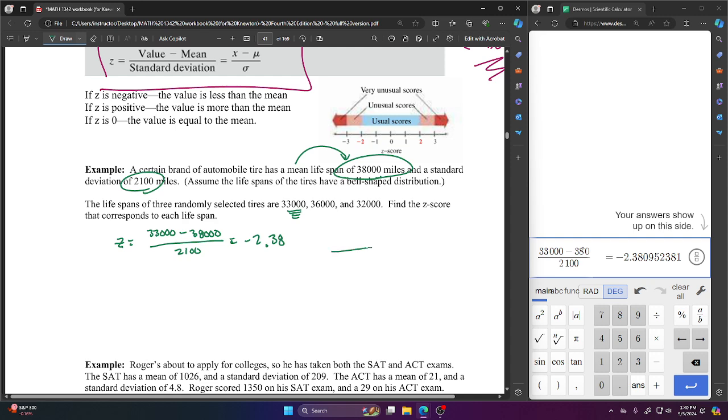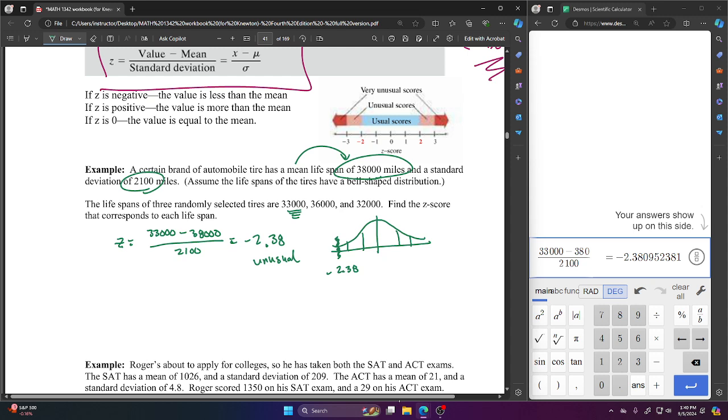So on the bell curve, and the way we have it all cut up and distributed, is this usual or unusual? That would be unusual. Exactly. That's way over here on this side, negative 2.38, and it's unusually small. Think about this for a second. You're working for an automobile place judging tires, and the tire claims 38,000 is the average with a standard deviation of this much, okay?